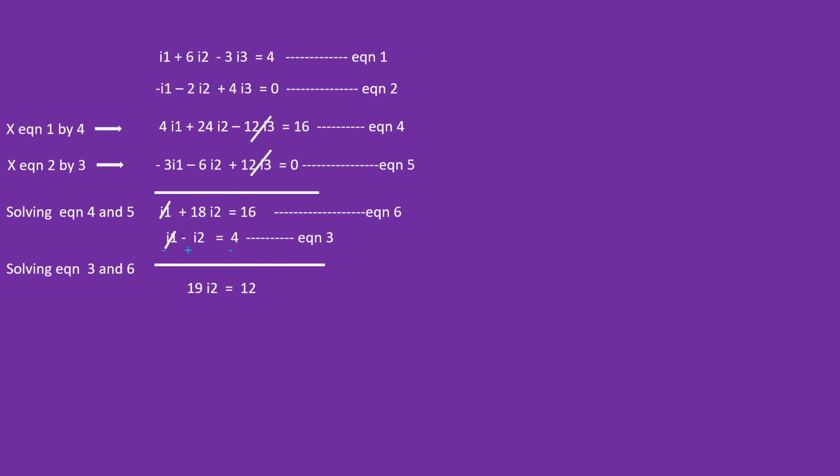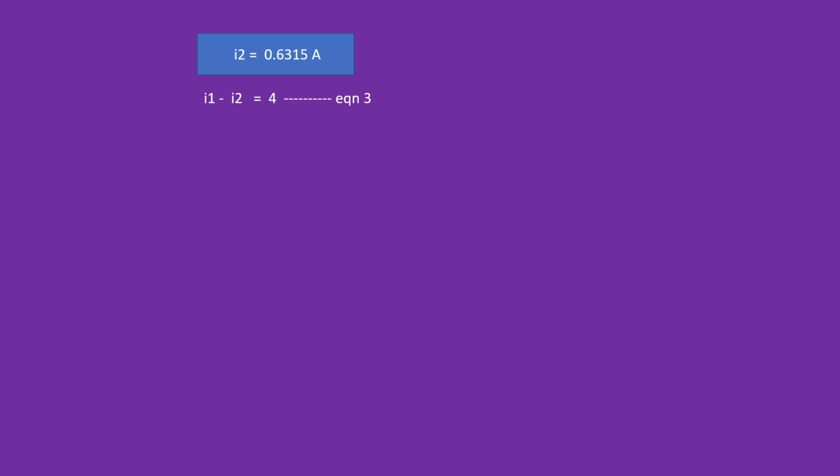So you get 19I2 equal to 12, so I2 equals 12 by 19, that is 0.6315. So we got the answer for I2, that is 0.6315 amps. This is answer 2 actually.